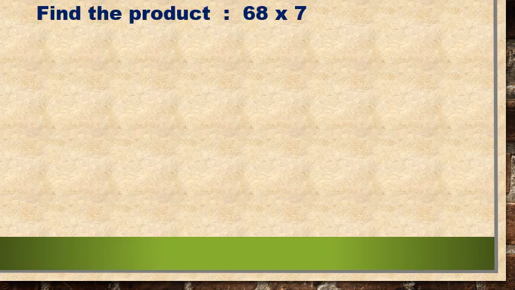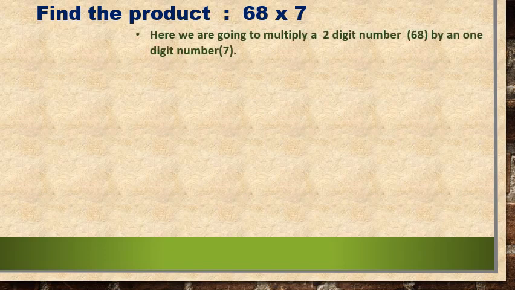Now girls, let's try this example. Find the product 68 into 7. So here we are going to multiply our two-digit number, that is 68, by a one-digit number, that is 7. Alright?